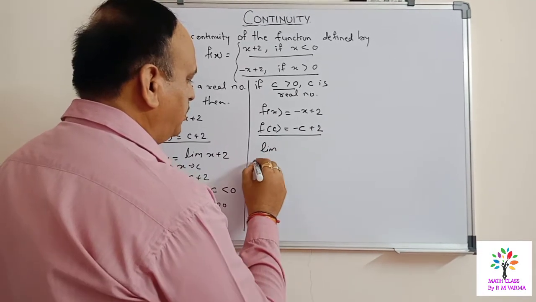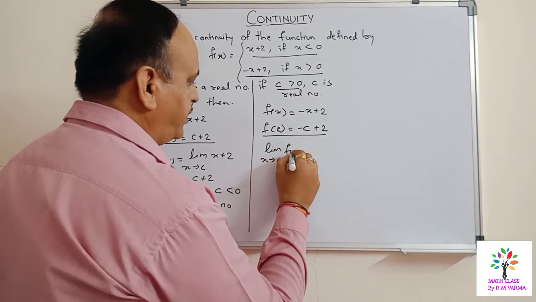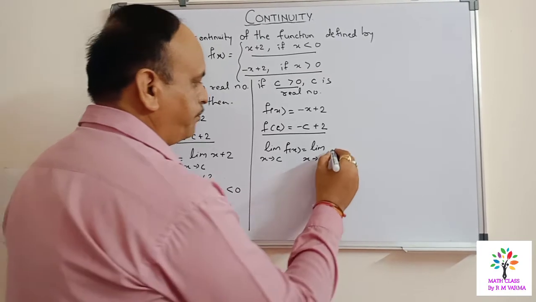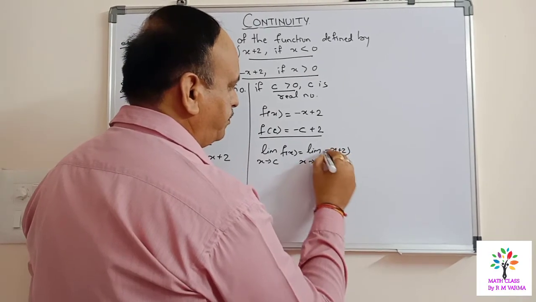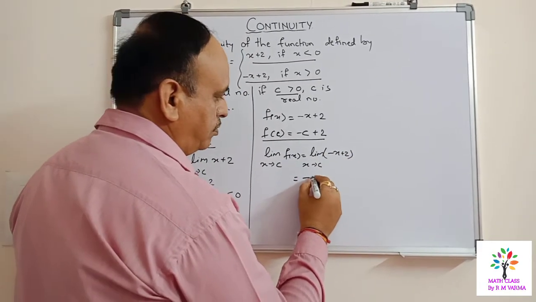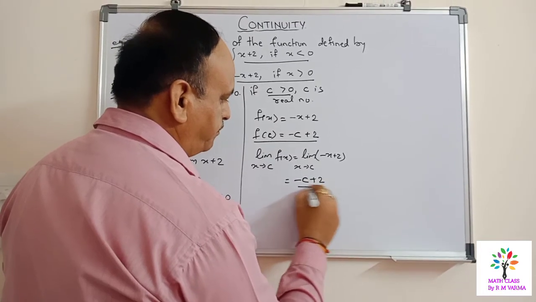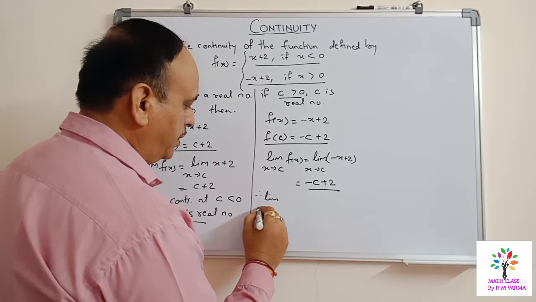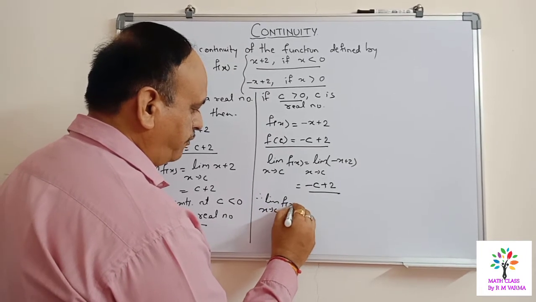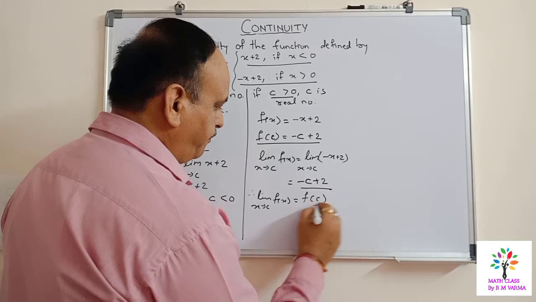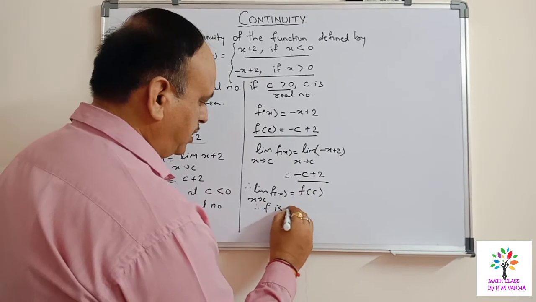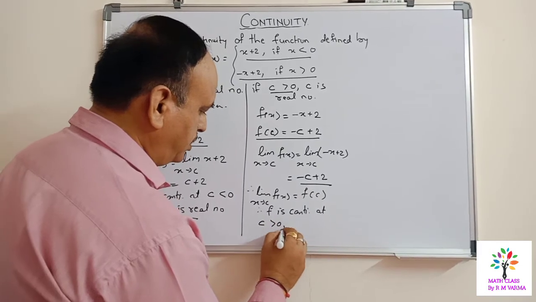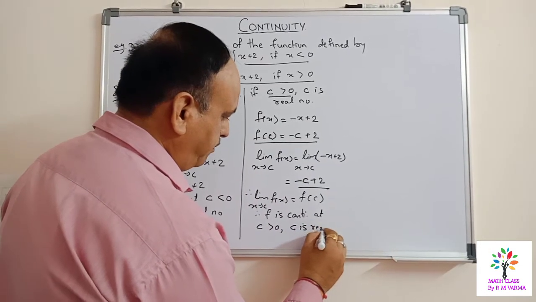Now the limit x tends to c f(x) equals limit x tends to c of minus x plus 2, which is equal to minus c plus 2. f of c and the limit are the same. Therefore limit x tends to c f(x) equals f of c. Therefore f is continuous at c greater than 0, c real.